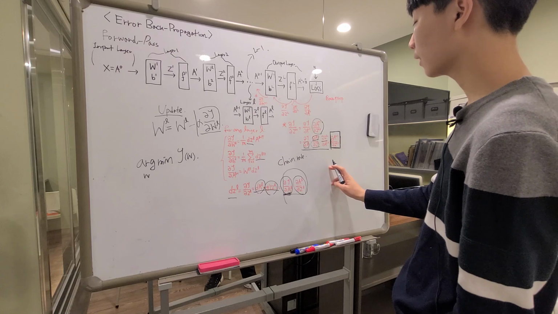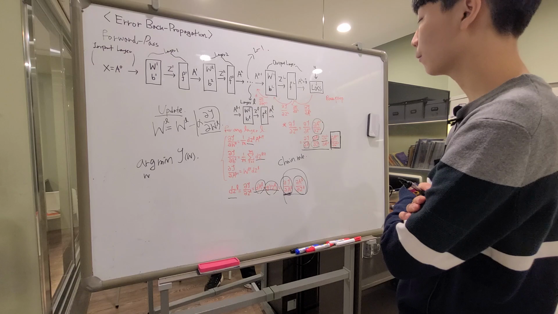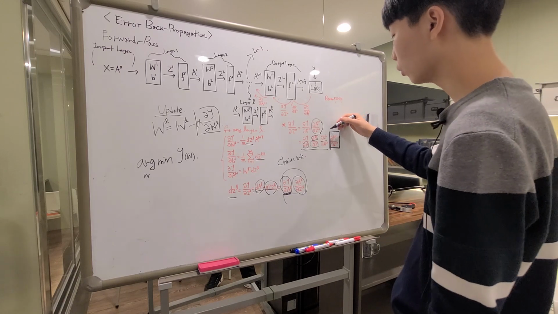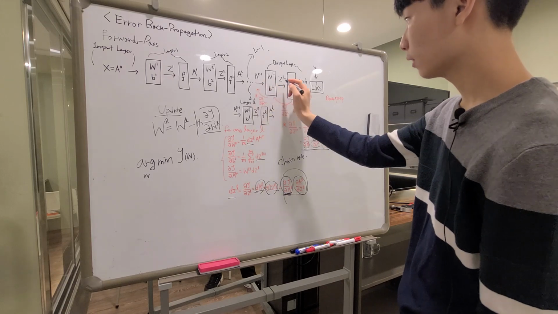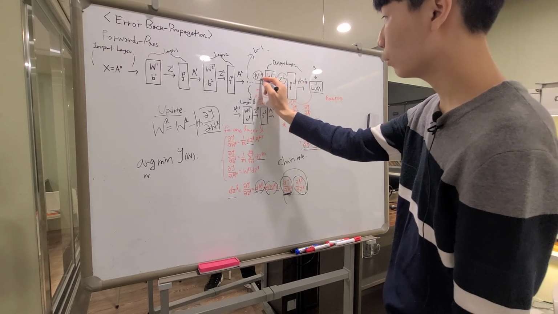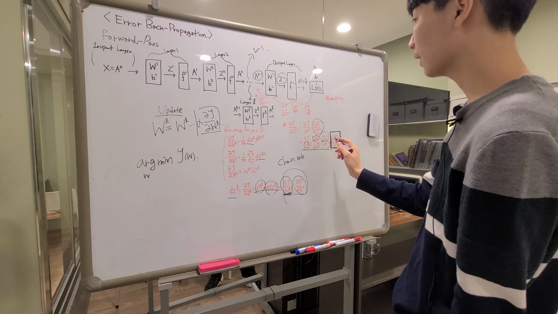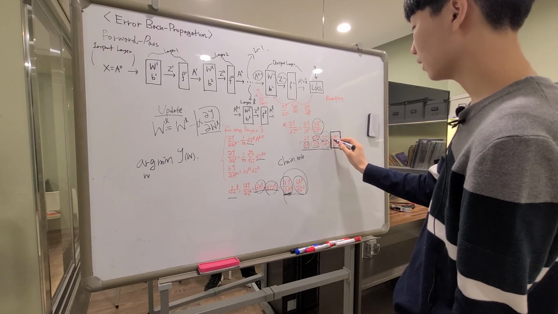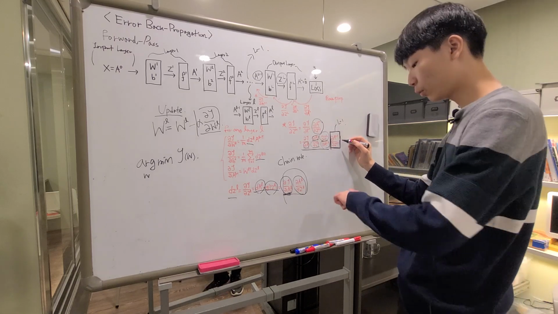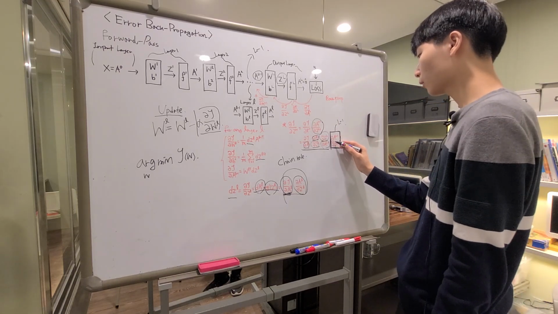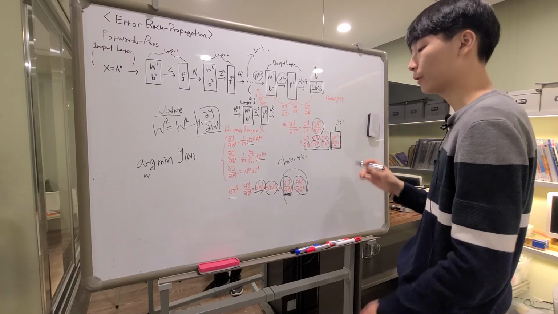Now we calculate dZL, dAL minus 1, the derivative of our pre-activation with respect to the input to the output layer. Lastly, this part is specific to the layer of our interest, L minus 1, where we calculate the derivative of the activation of L minus 1 with respect to the pre-activation of L minus 1.